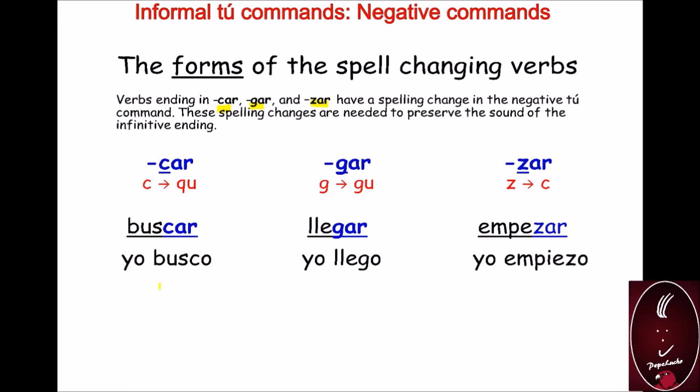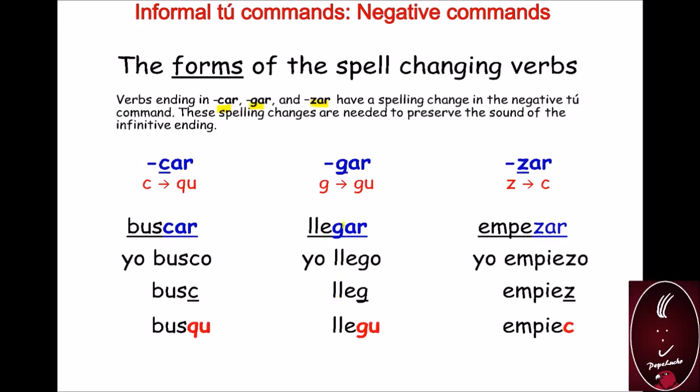And the second step is drop the o. And we have to make the spell change here. The C changes to QU. The G changes to GU.